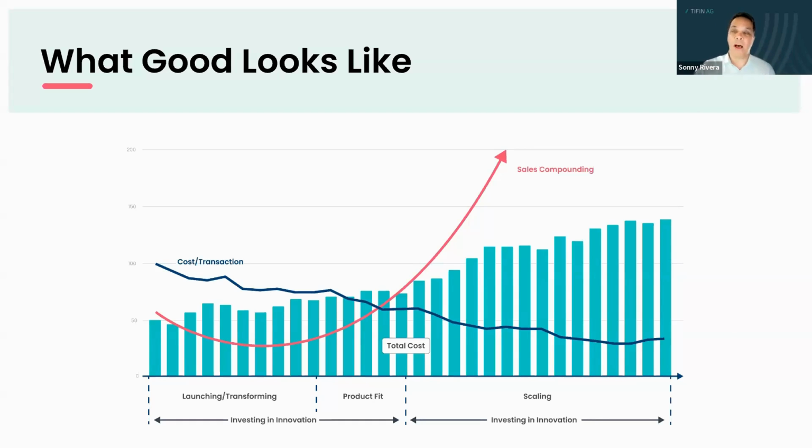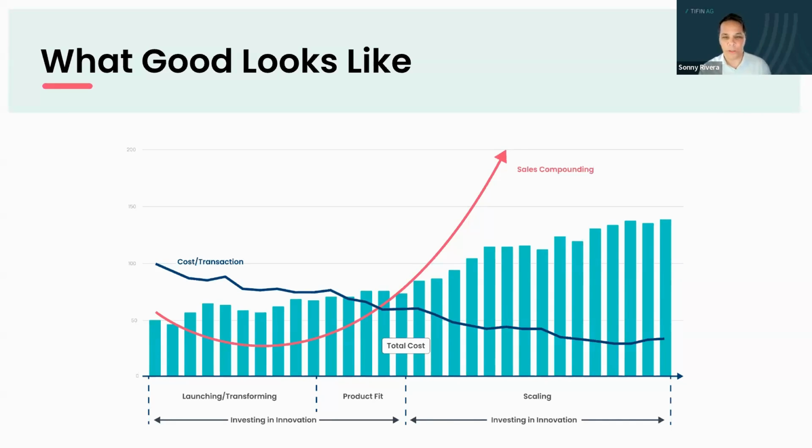So even while, as I was saying earlier, your overall spend may be going up, your cost per transaction is going down. And that's because you're offering greater service to the marketplace and you're generating more revenue, more bottom line profit. So that's kind of how I would look at that.